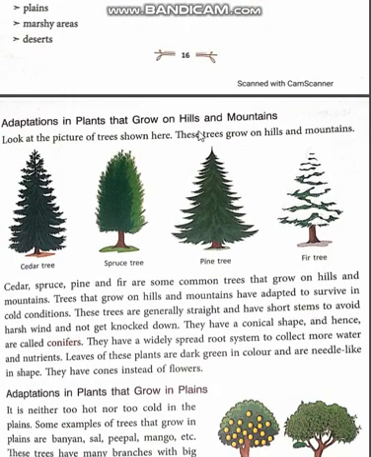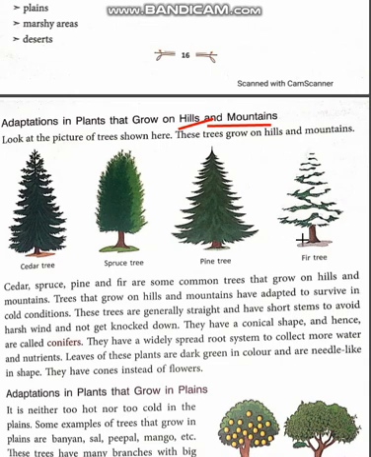Plants that grow on the hills and mountains are the very first that we have classified. Now look at the shapes of the plants that grow at high altitude, at high places, hills or mountains. They look very different from the plain area where we are living. So look at the pictures of these trees shown here. These trees grow on hills and mountains.